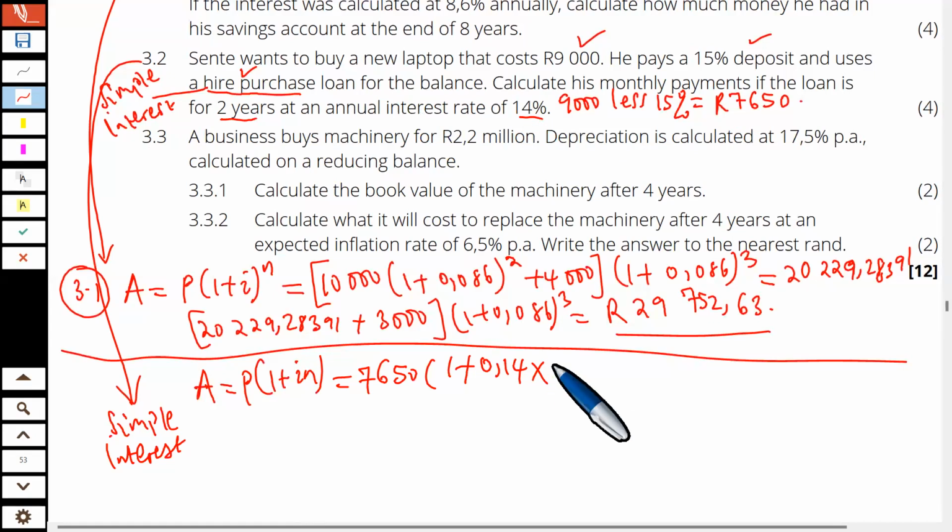Use this because hire purchase is simple interest. So use the formula, you don't put the power, you just put in like that.